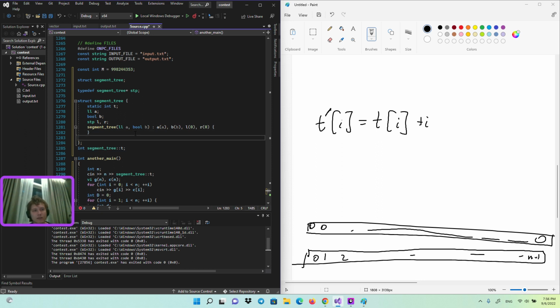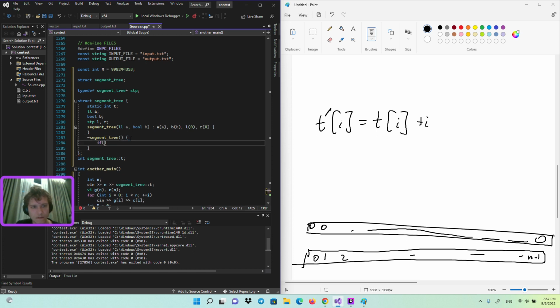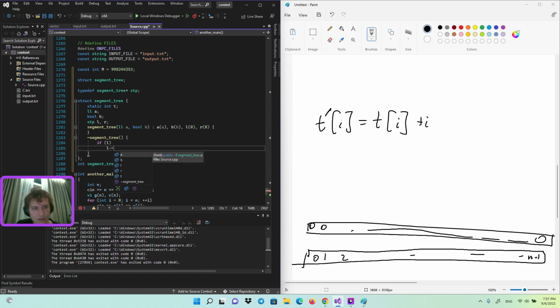And by default, L and R are just like A and B. So let's write their destructor because it might be helpful. And if L, then we destroy it. If R, then destroy it. That's it.